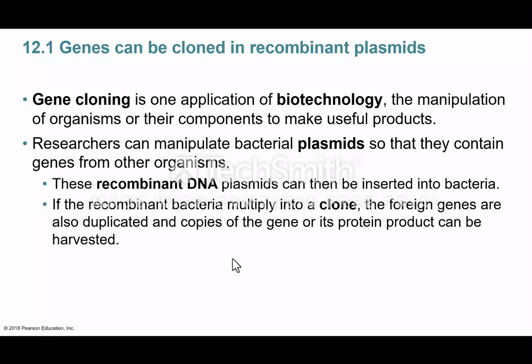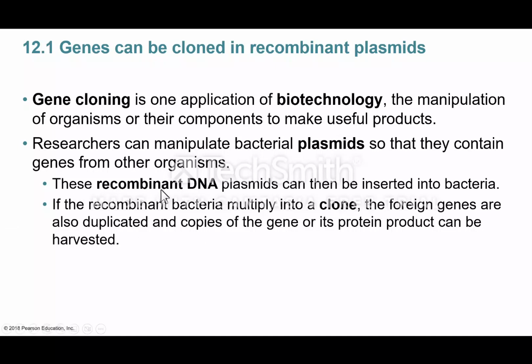So how do we use this? All right. We use this in gene cloning. This is one application of biotechnology. We can create these plasmids, and then we can get the plasmids to be inserted into the genome. And when we do that, they're called recombinant DNA.